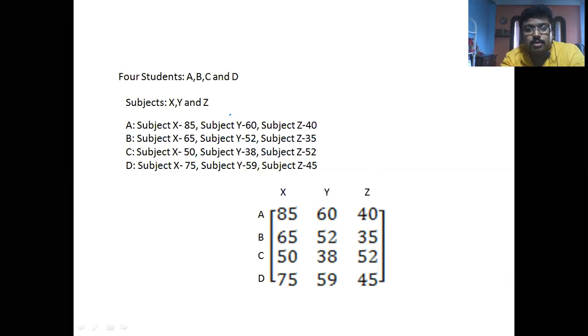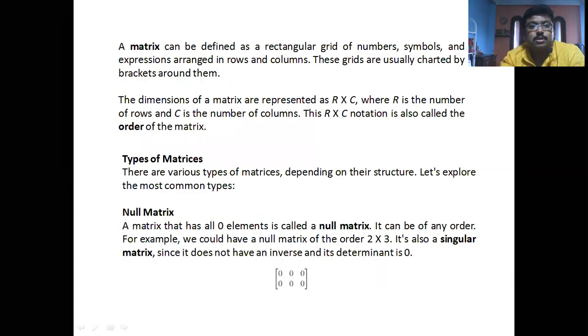Now you have the idea over this matter that a matrix can be defined as a rectangular grid of numbers, symbols, and expressions arranged in rows and columns.